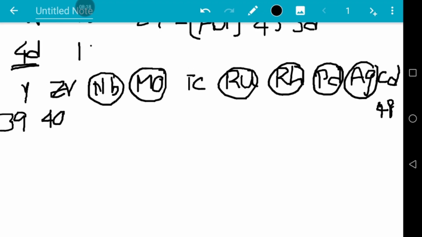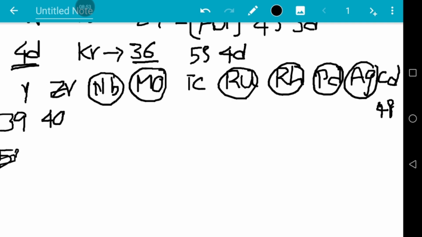So if you write krypton, 36 electrons are completed. Yttrium has 39 electrons, so 36 we write as krypton. The remaining 3 electrons we have to fill in 5s and 4d. Two electrons go in the s orbital, 5s2, and the remaining 1 electron is 4d1.